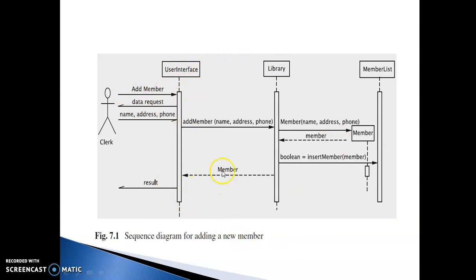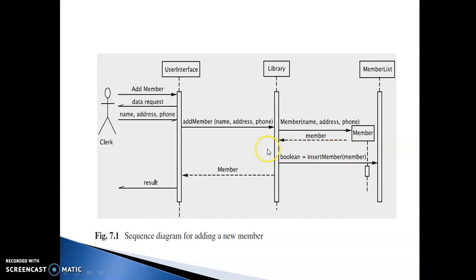This is the system, and it requests for the data wherein the user has to enter name, address, and phone number. So there will be certain method inside this library information system, wherein it takes these three parameters to the library software, and name, address, and phone number will be added to the member list.